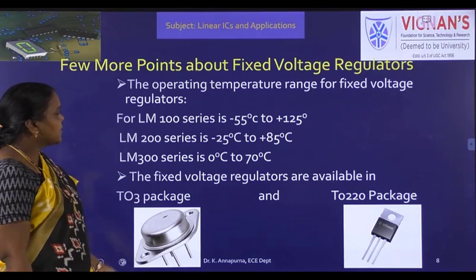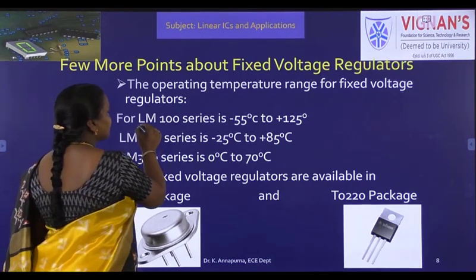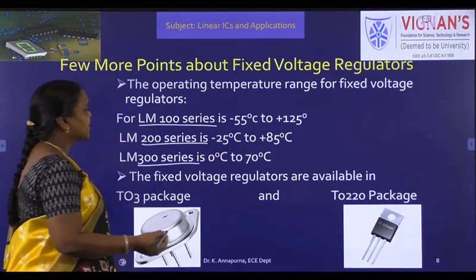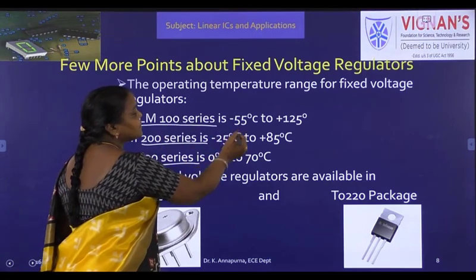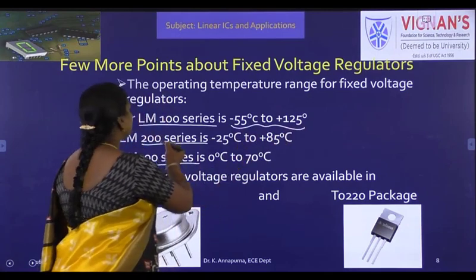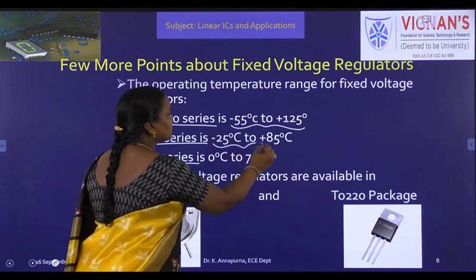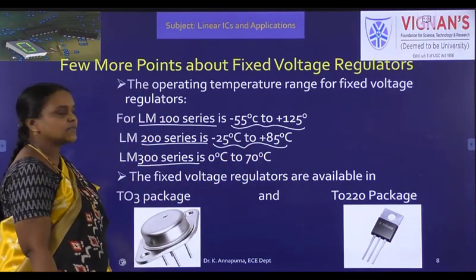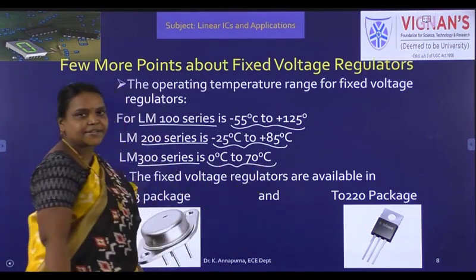And next, a few more points about the fixed voltage regulators. So we have LM100 series, 200 series and 300 series. For example, LM100 series operates from -55 to 125 degrees centigrade, whereas LM200 series operates in -25 to +85 degrees centigrade, and LM300 series operates from 0 to 70 degrees centigrade range.